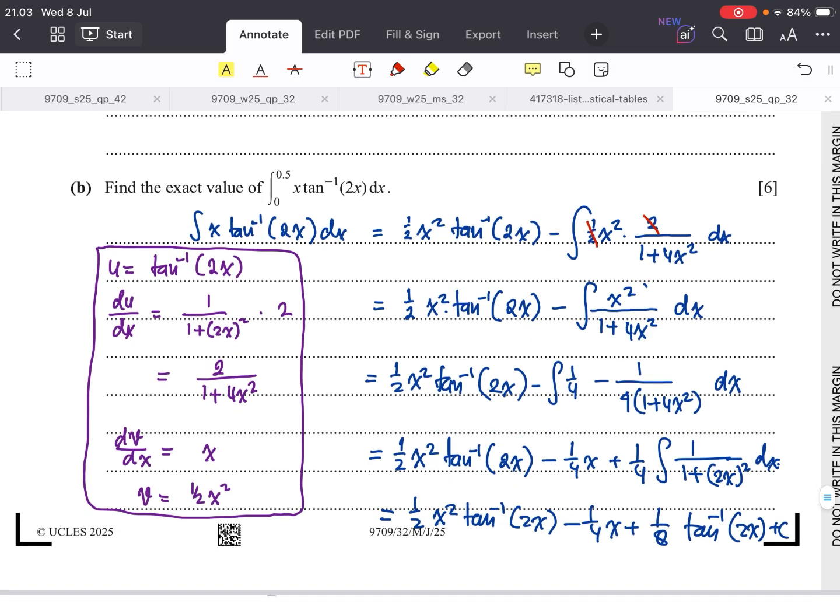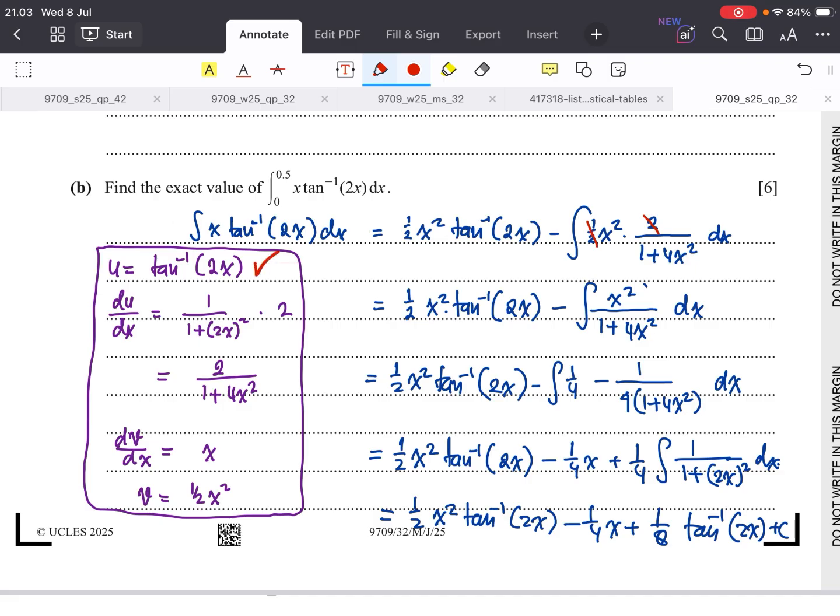B. Find the exact value of the integral from 0 to 0.5 of x tan inverse 2x dx. So in order to do this integration, we are going to use integration by parts. Since here is the inverse trigonometry, we are using this one as the u.